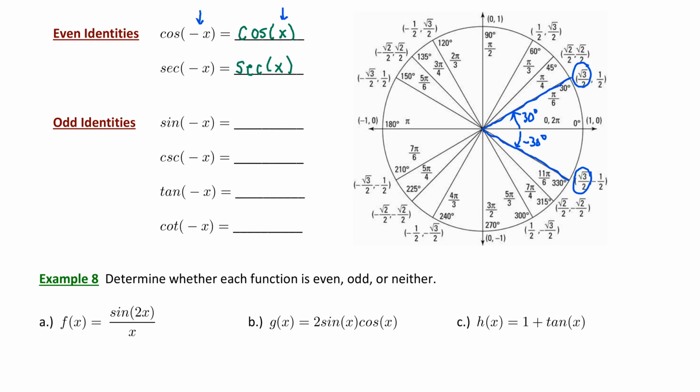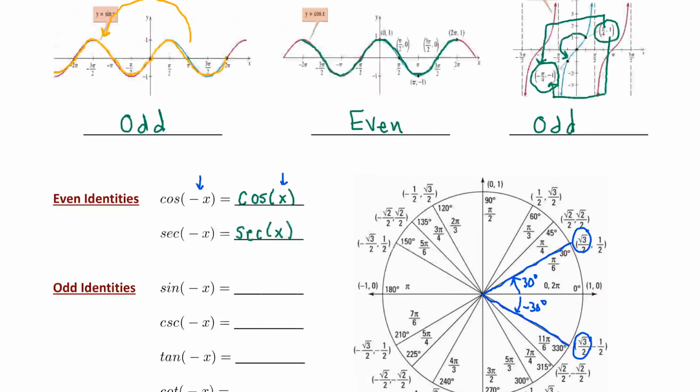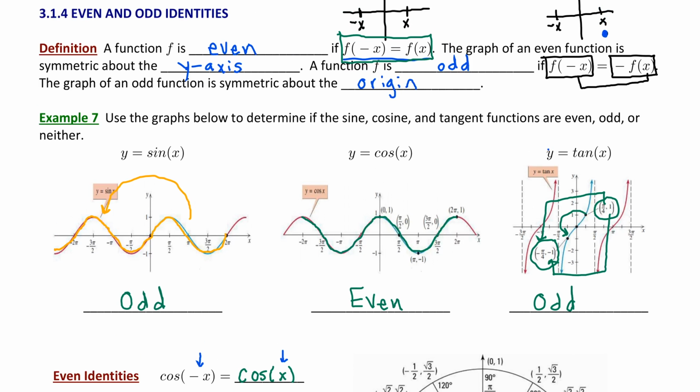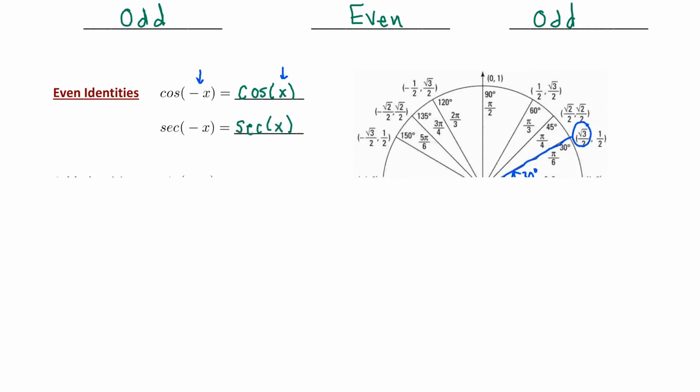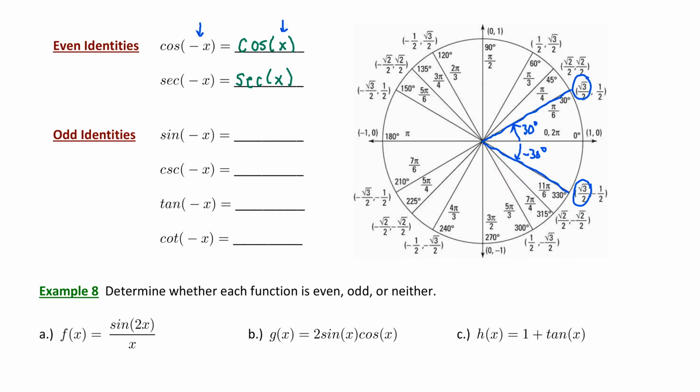From the graphs of sine and tangent, we made the hypothesis that sine and tangent were odd functions. If they are odd functions, and they are, then they will obey this algebraic test. That is, when I change the sign of the argument, I also change the sign of the function. Applying this specifically to our sine, cosecant, tangent, and cotangent functions, we obtain the odd identities.